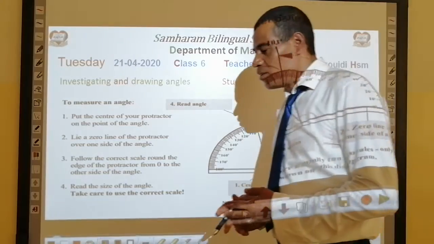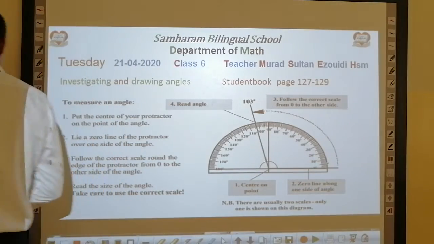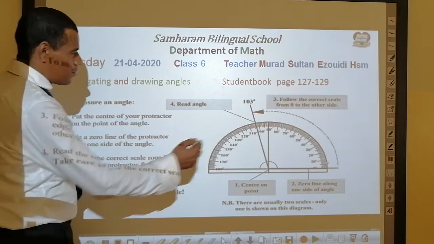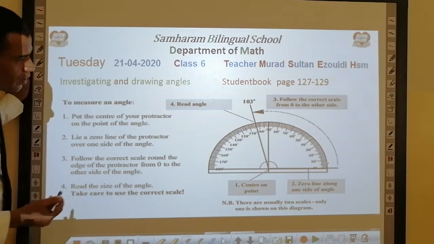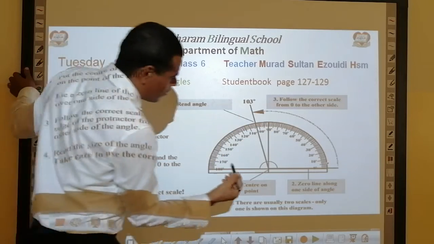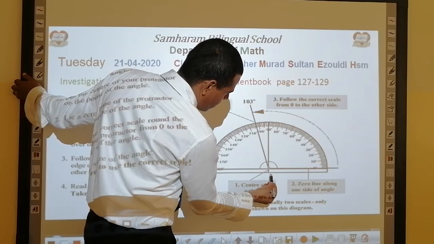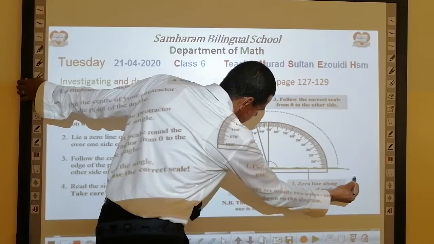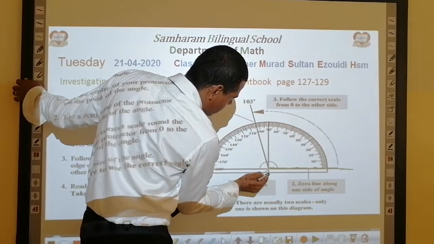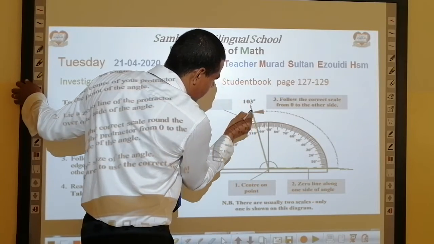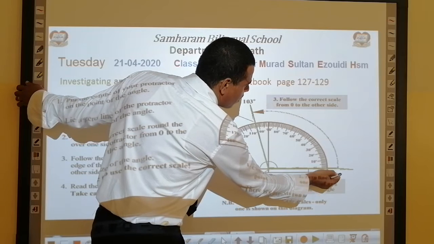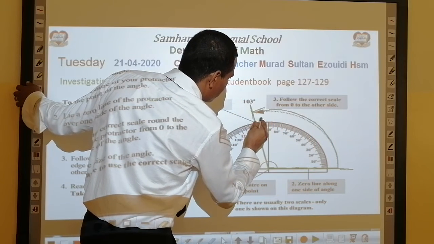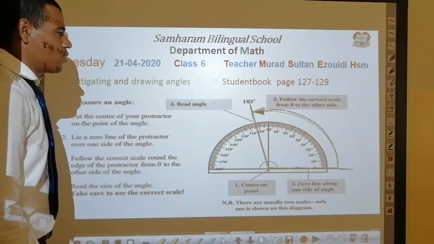To measure an angle, you need a protractor. For example, this is my angle, my kids. This is the angle that I tend to measure using a protractor.